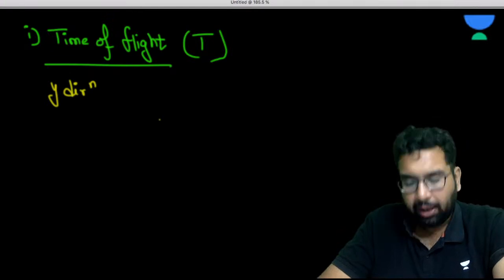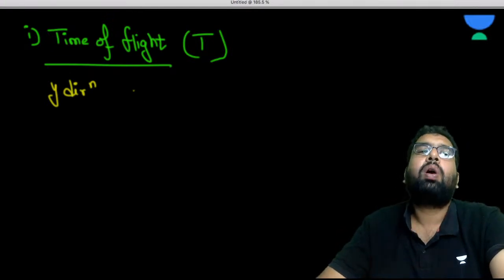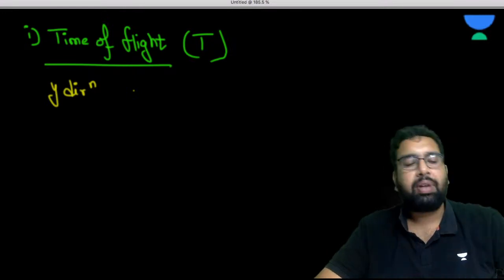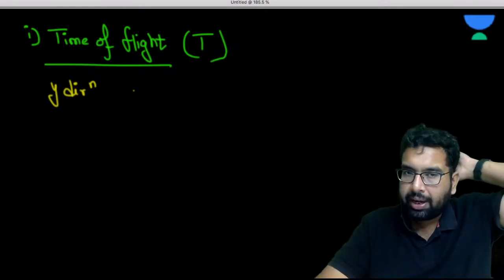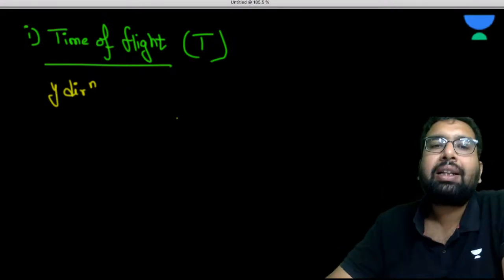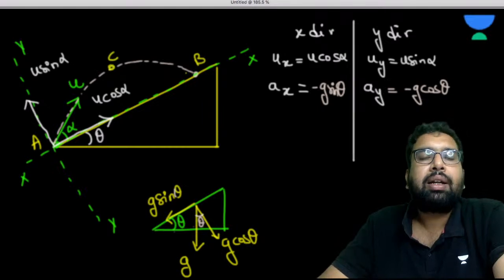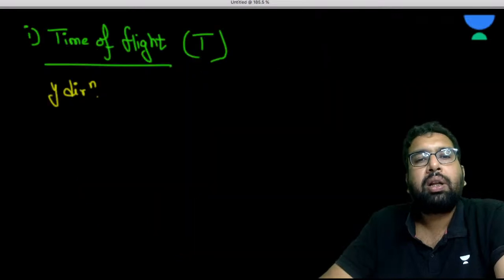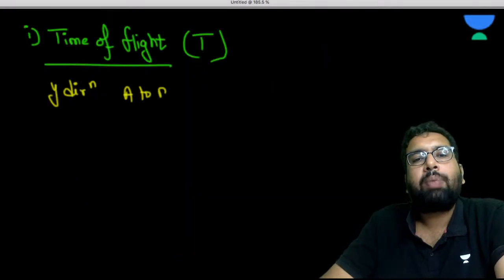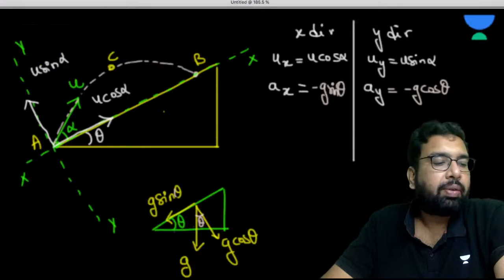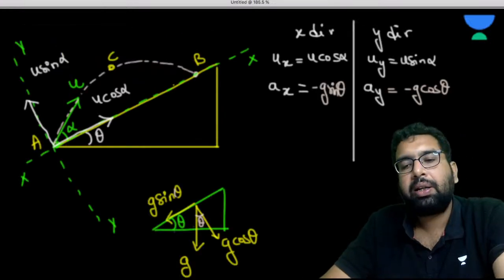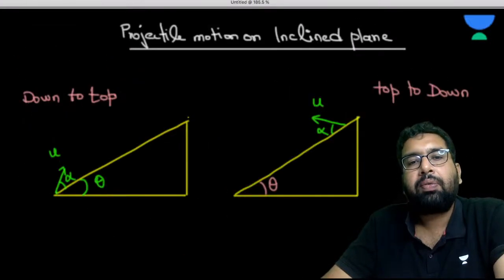So when we consider the motion in y direction, as always, let's suppose this point is A, this point is B, this point is C. I can consider it till C point, or I can consider it till B point. So let's do A to B, from initial to final.